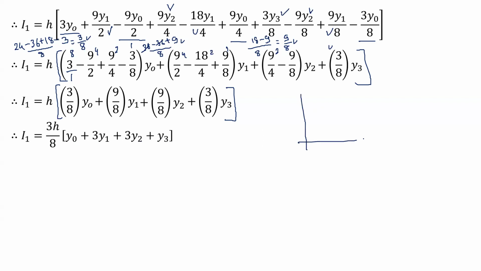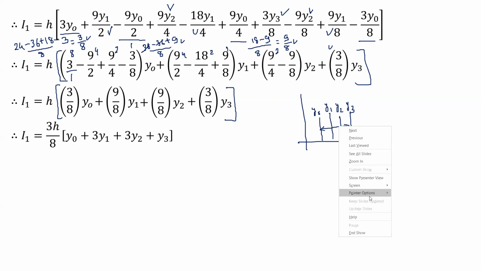So now you can see this. How many verticals do we require? We require 4 verticals for the first. So this will be y0, then we have y1, y2, y3. So this will be the value of I1. Now if I have to go to the I2 value, you have to keep in mind, while going for I2, I require again 3 verticals. 1, 2, 3.